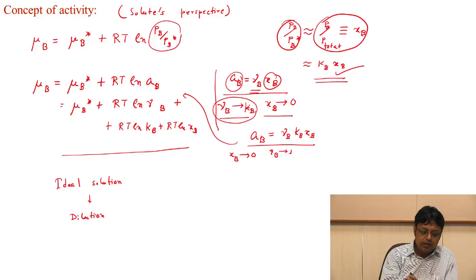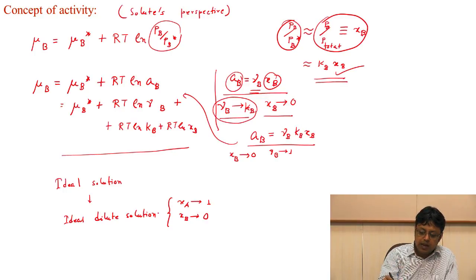system. So if it is a fairly dilute solution, or we can write it as an ideal dilute solution, then we can say that XA tends to 1 and XB tends to 0, because that's the condition for a dilute solution.